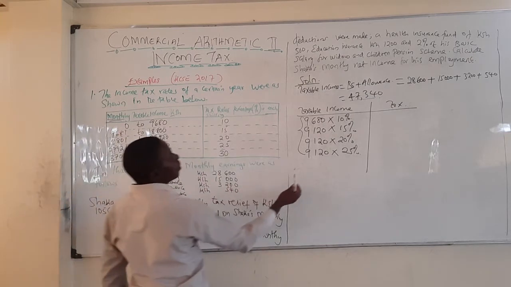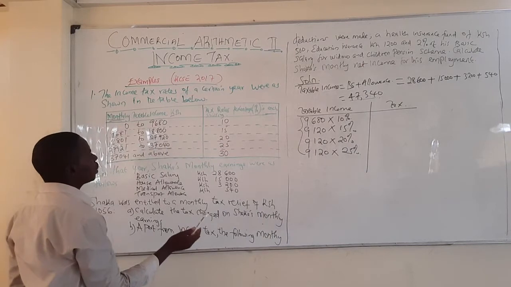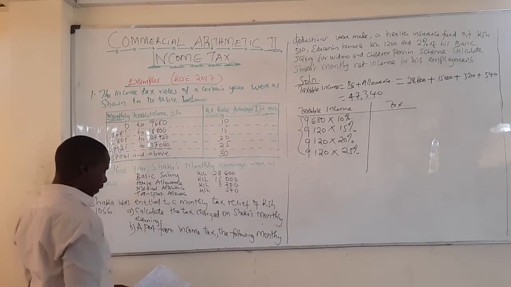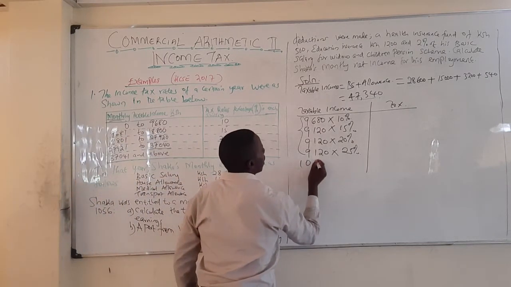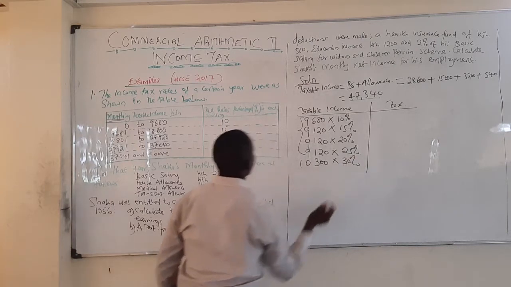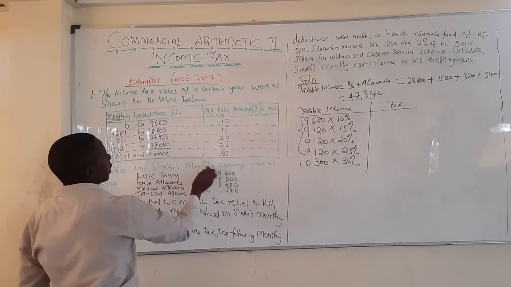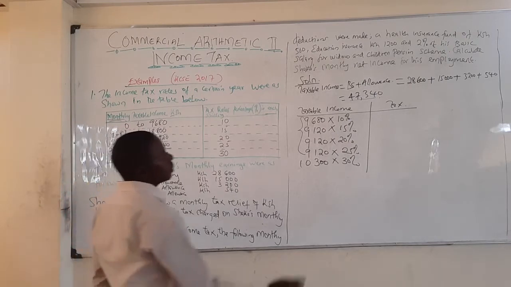Then to get the remaining, it will be the taxable income 47,340, we subtract that 37,040, and that one is going to give you 10,300. We multiply by 30%. That is the tax rate in that fifth bracket.